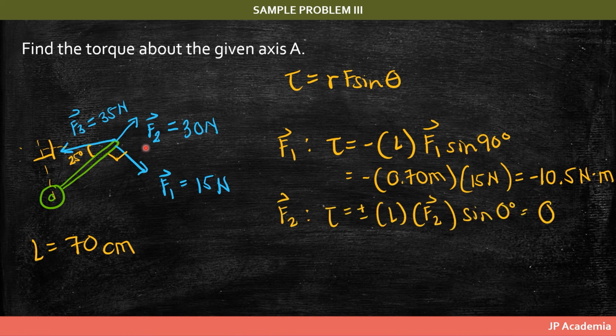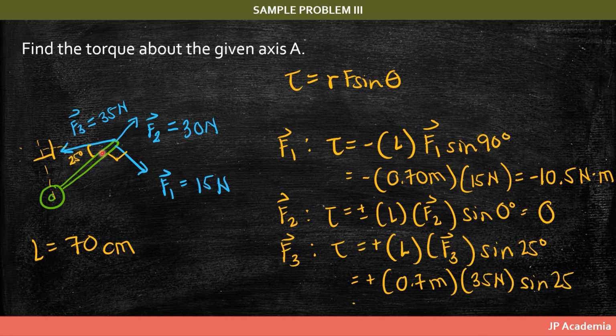Then for the second force, F2, the value of our torque is equal to 0, given that the line of force, this one, passes through the axis, which is this one, the A, our pivot point. And therefore, the theta here is 0. So sine 0 is equal to 0. And therefore, tau is equal to 0. So last, for our third force, F3, it produces a positive torque given that it rotates the system counterclockwise.